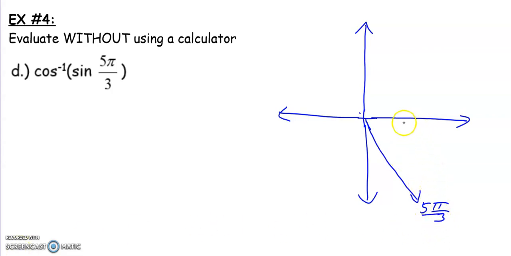All right, so for the reflection of this, we're looking at this point right here, which is radical 3 over 2 and negative 1/2. So the sine of 5 pi over 3 is going to be negative 1/2.